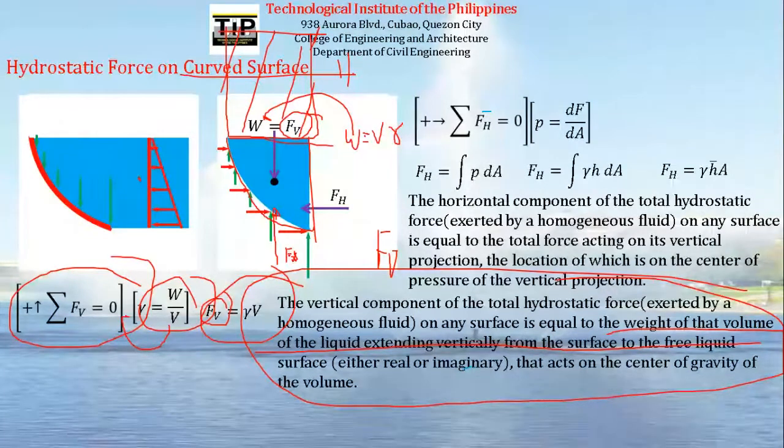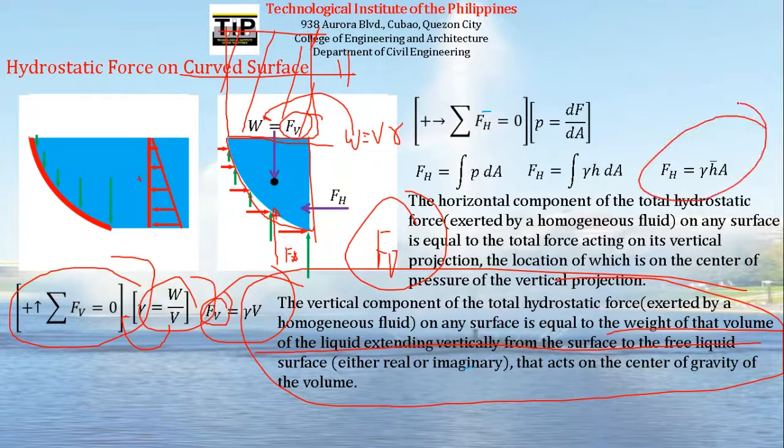F sub B is the total weight above the curved surface. That's how we solve F sub B and F sub H.